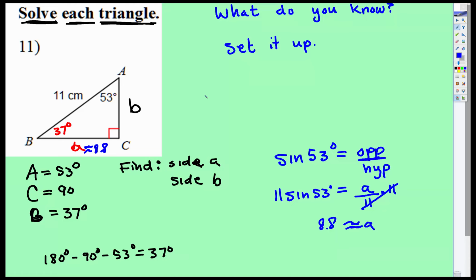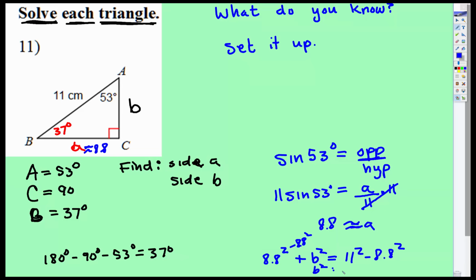we know that 8.8 squared plus b squared is equal to 11 squared. We can subtract the 8.8 squared from both sides to figure out what b squared is.